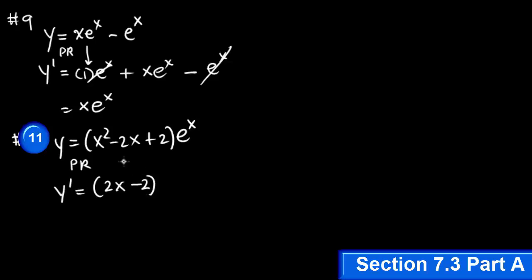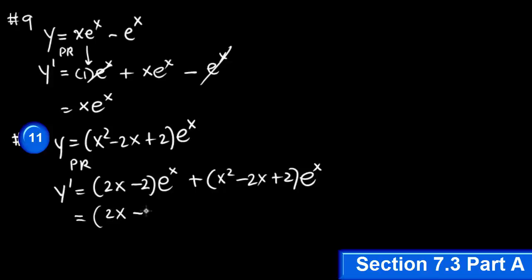Where did that come from? The derivative of the first times e to the x plus, just copy the first function, x squared minus 2x plus 2 times e to the x, because that's the derivative of e to the x. And if we factor out e to the x and combine all the x terms, we have 2x minus 2, plus x squared minus 2x, and then plus 2, pull out the e to the x.